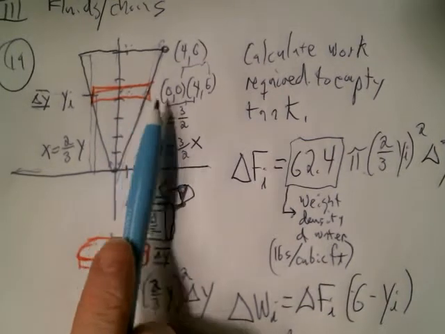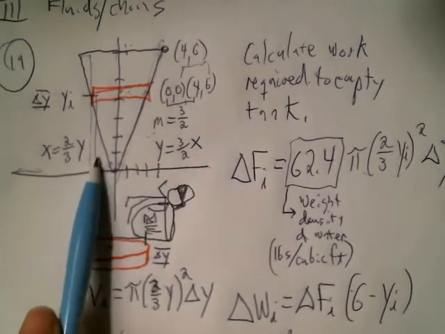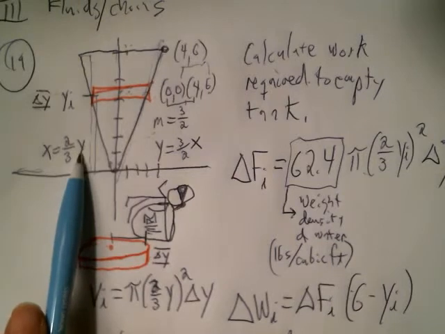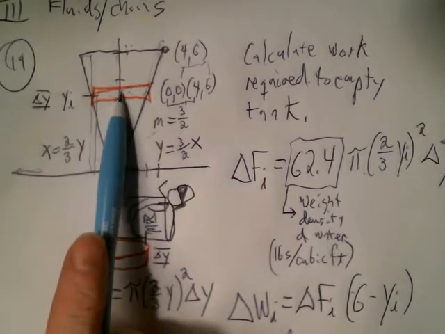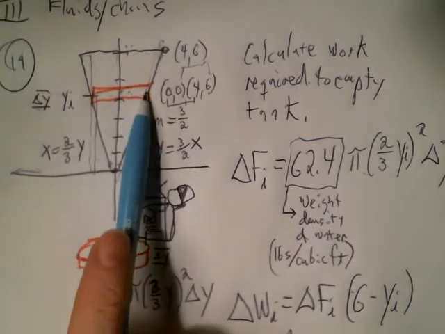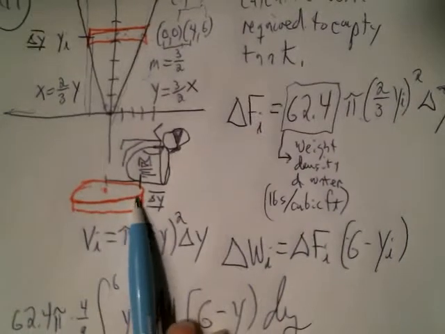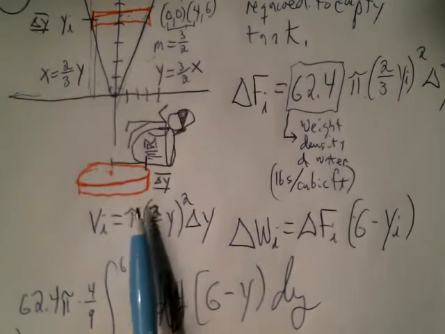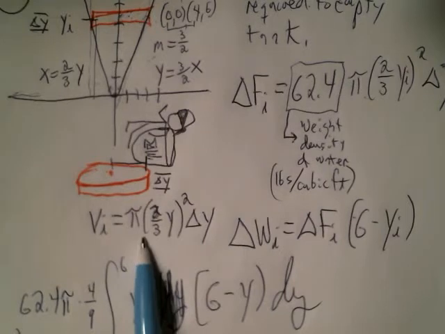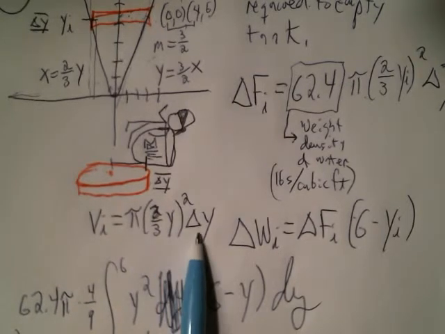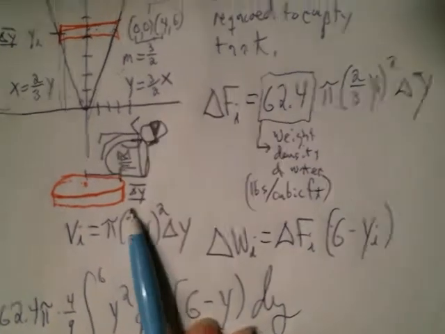For this orientation, I had to put it in terms of y, so I solved for x, and I got x is 2/3 y. That gives me, for any particular y sub i, the distance from here to here, which is the radius of this particular disk. So the volume of that disk is pi r squared h, pi times (2/3 y) squared times change in y.